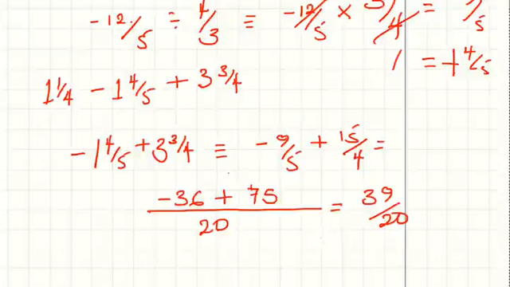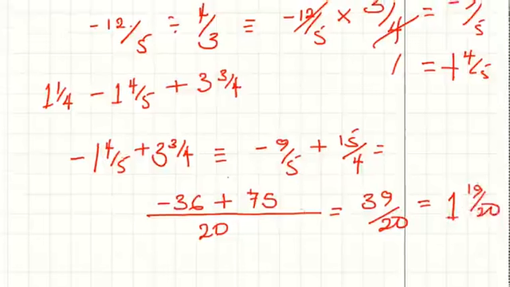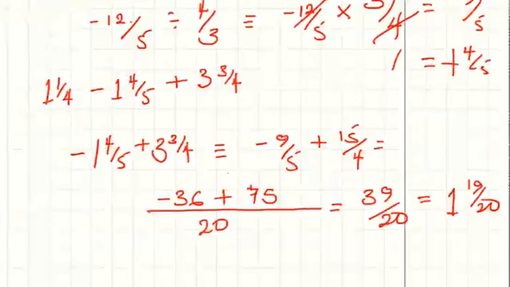So now we have that one, which is the same as saying 1 and 19 over 20. We come back to our equation. Our equation will now be equal to, we have done addition.